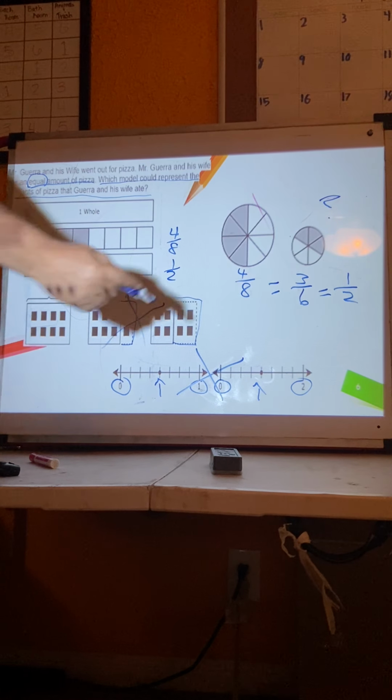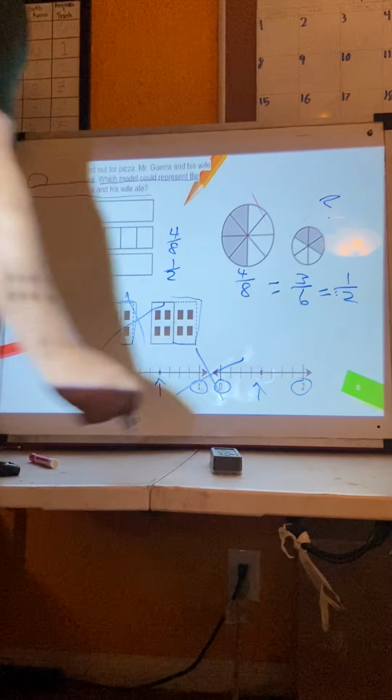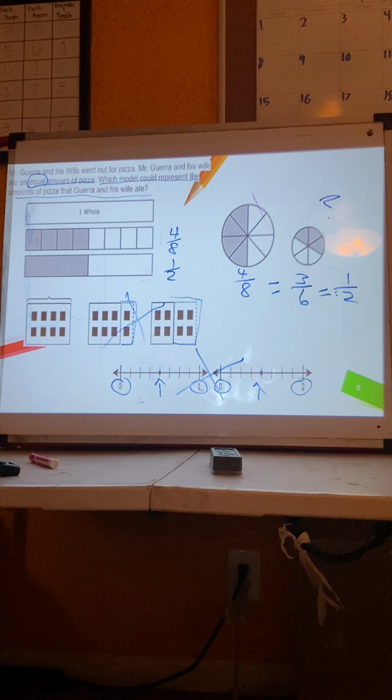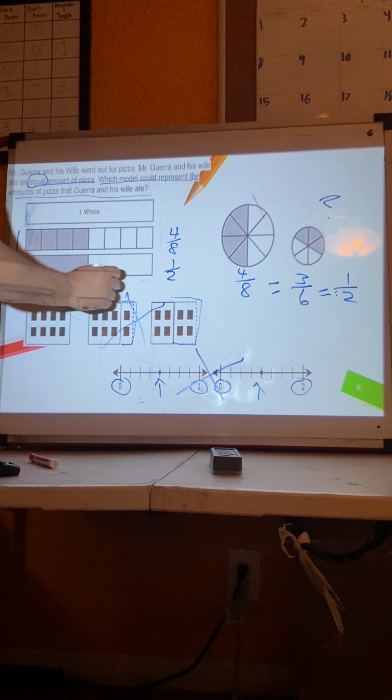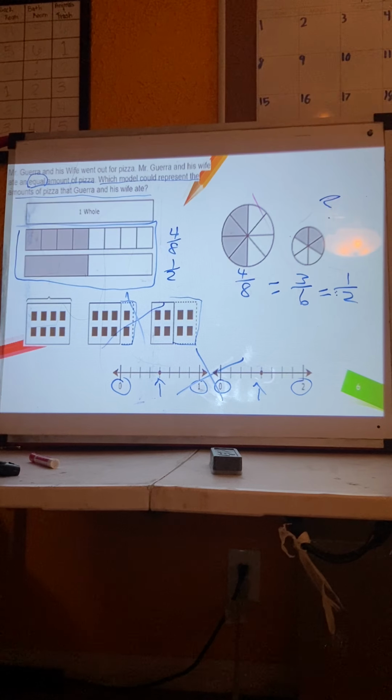But this one's also telling me that 4 is half of 8, 3 is half of 6. So that's 1/2 as well. But here's where it gets a little bit tricky. Remember I told you equivalent means the same size and same shape? Well, those are the same size, same shape.